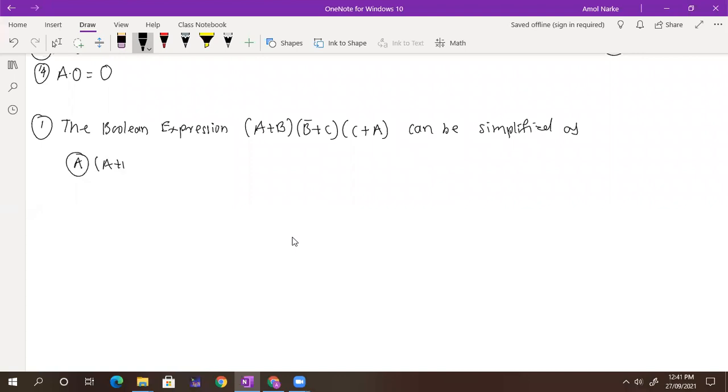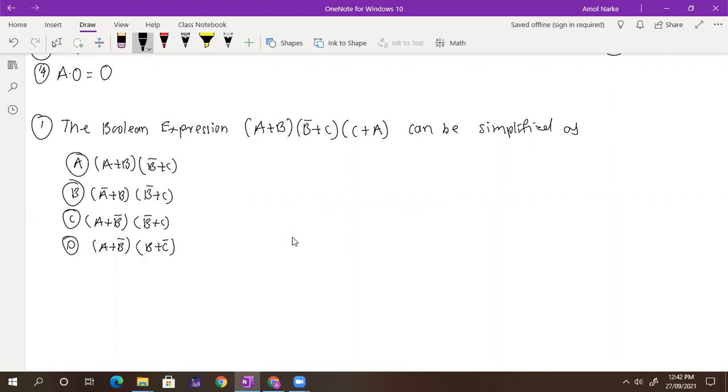Option A: A plus B in the first bracket, next bracket B bar plus C. In the second, we have A bar plus B and B bar plus C. For C, we have A plus B and B bar plus C. And for D, we have A plus B bar and B plus C bar.